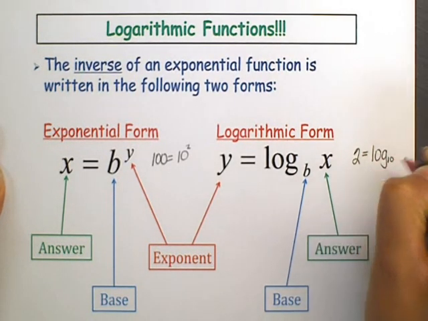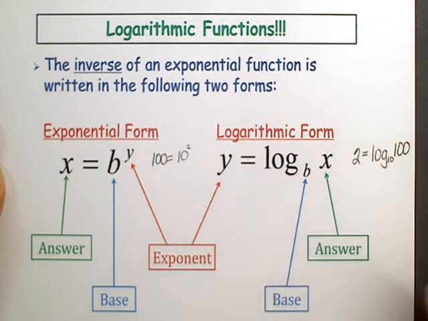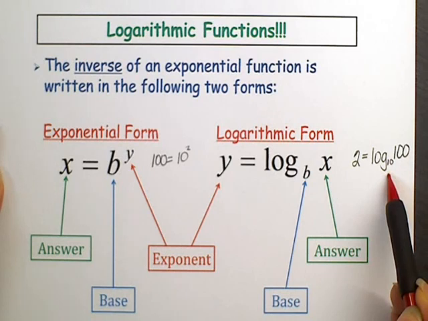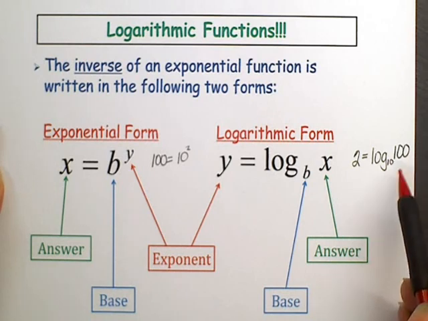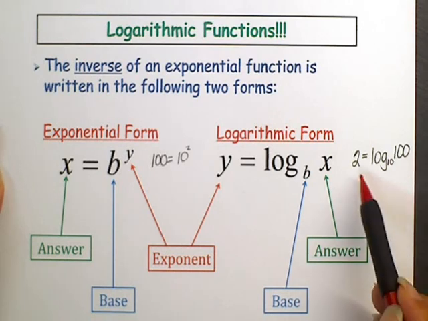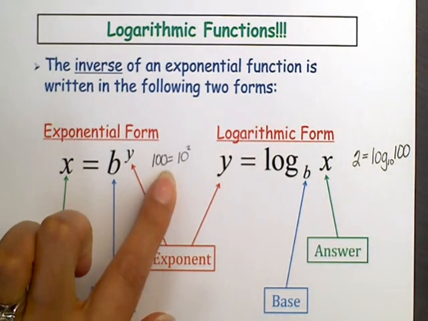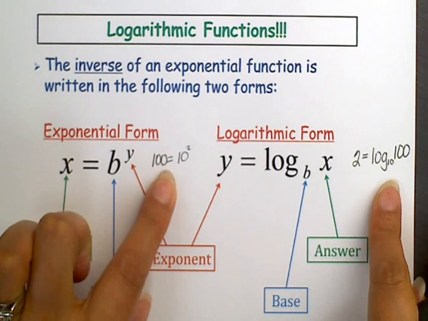So you see that the answer is 100, and the exponent to which 10 must be raised to get an answer of 100 is an exponent of 2. So that's how you would write the same statement in exponential form versus in logarithmic form. They both mean the same thing. One is in logarithmic form and one is in exponential form.